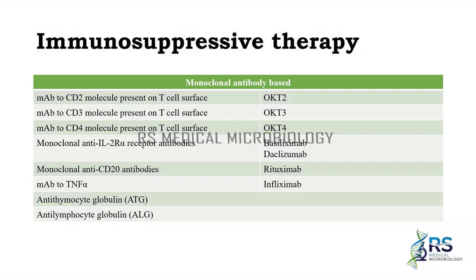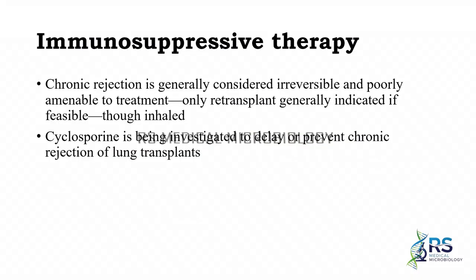The next most important type is monoclonal antibodies, which are directed against the CD2 or CD3 or CD4 molecules on the T cell surface, anti IL2 alpha receptor antibodies, monoclonal antibodies to CD20, monoclonal antibody to tumor necrosis factor alpha, and you have the anti thymocyte globulin and anti lymphocyte globulin.